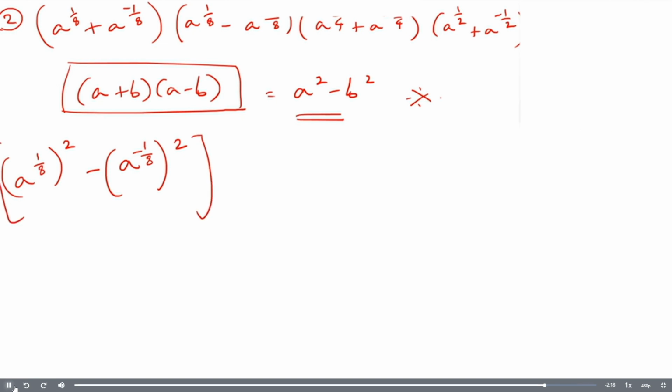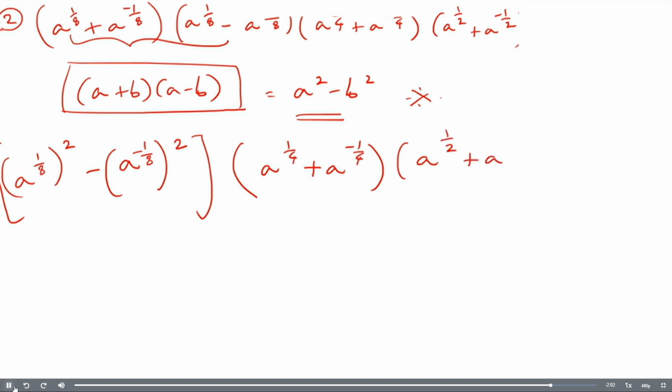This is the first term. So we have solved for this term. The rest are going to be the same: a to the power 1 by 4 plus a to the power minus 1 by 4 into a to the power 1 by 2 plus a to the power minus 1 by 2.